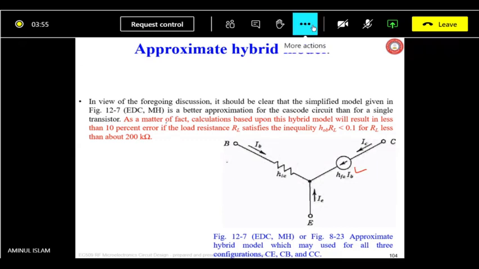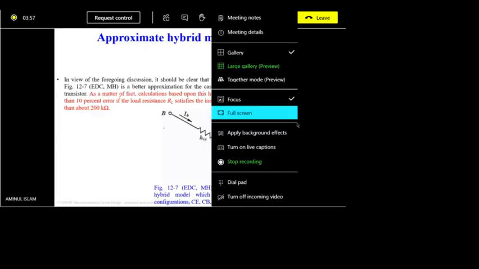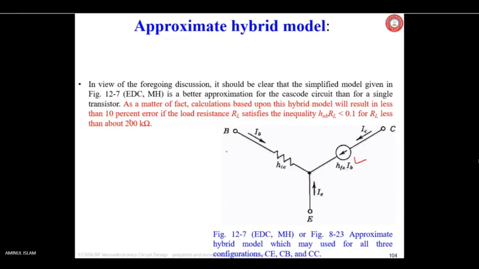And if this approximate model is used, then only about 10% error will occur in the estimation of voltage gain, current gain, and input resistance, RI, RO, etc. Okay, so this is not a bad option.